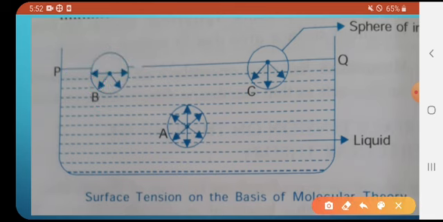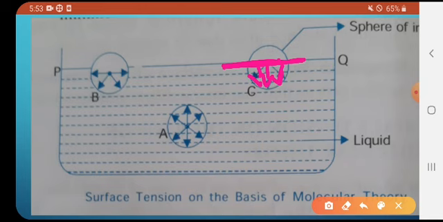Now observe this sphere of influence C. Half of the sphere is under the water and half of the sphere is above the water. So at this point most of the particles pull downward, right? So this area behaves like a stretched membrane.